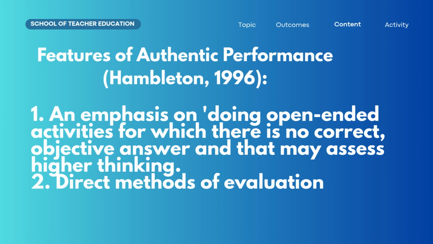When you ask them to make a slogan, or when you ask them to write a poem, we cannot expect that they have the same identical answers or identical outputs because we are not doing an objective type of test.